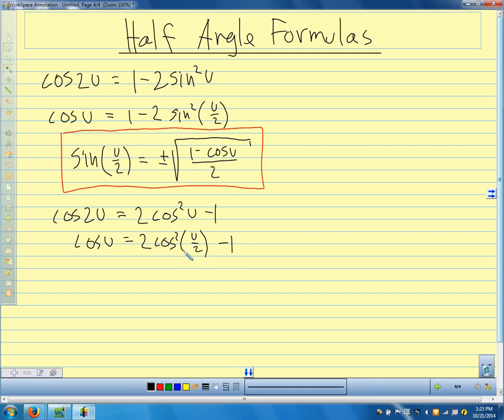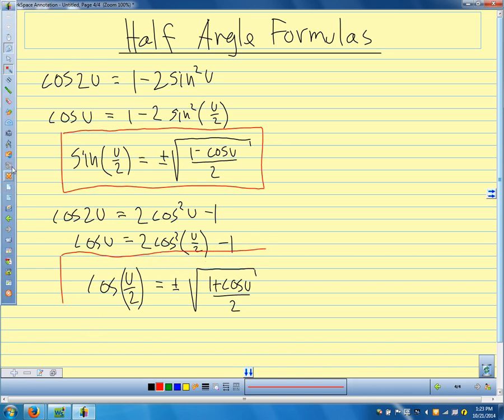Rearrange this, solve for the cosine of u over 2. And I get the cosine of u over 2, my half angle, equals plus or minus, because I had to take the square root, the square root of 1 plus cosine u over 2. So there's our second half angle formula.